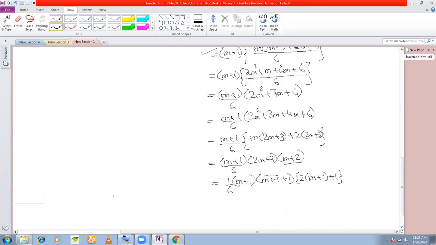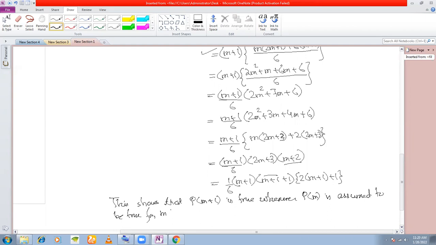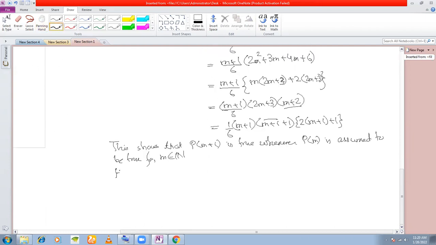So this shows that P(m plus 1) is true whenever P(m) is assumed to be true for m as a natural number, for m belongs to N. Hence, by the principle of mathematical induction, because both the conditions have been satisfied.